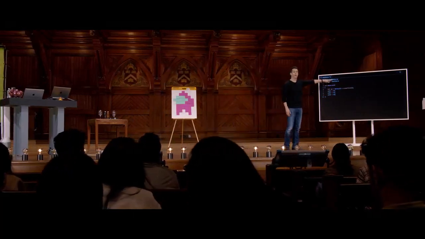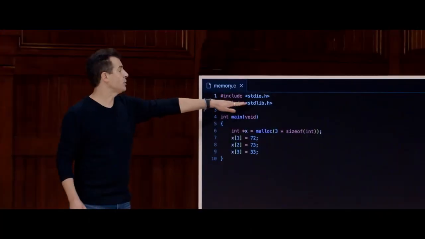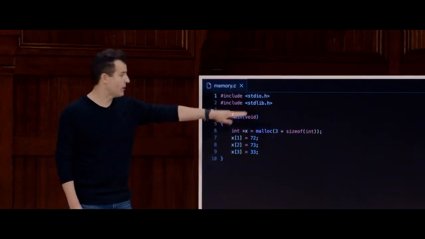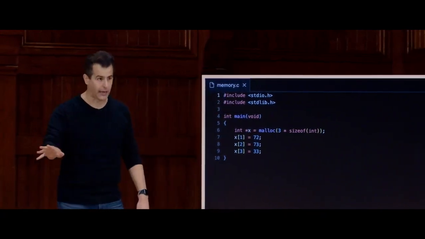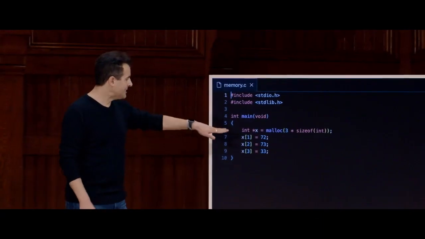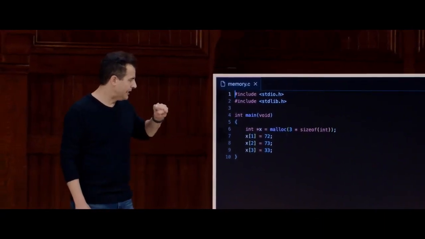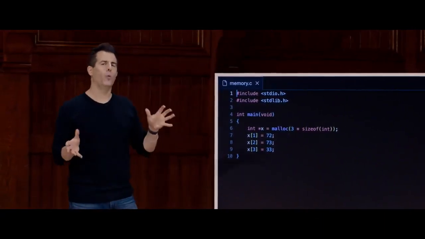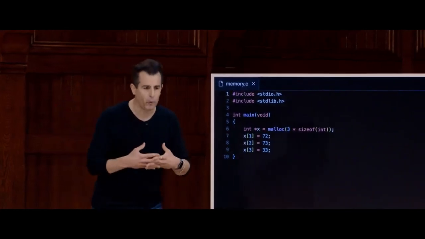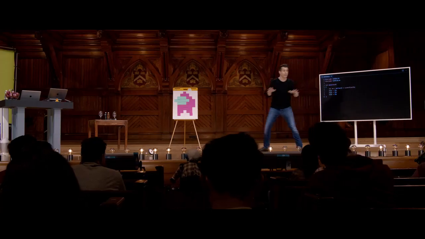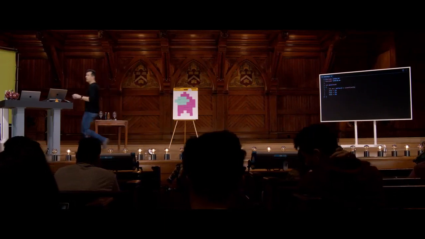Notice that I've included stdio.h, as always. I've also included stdlib.h, which is necessary now for anything related to malloc and or free and the like. Line 6. It's a little weird what I've done here, but this is the manual way of asking for enough memory for an array. In week 2, how do we ask for memory for an array?